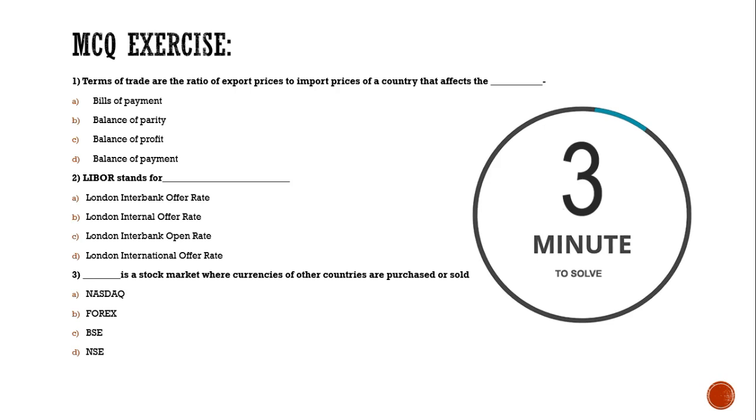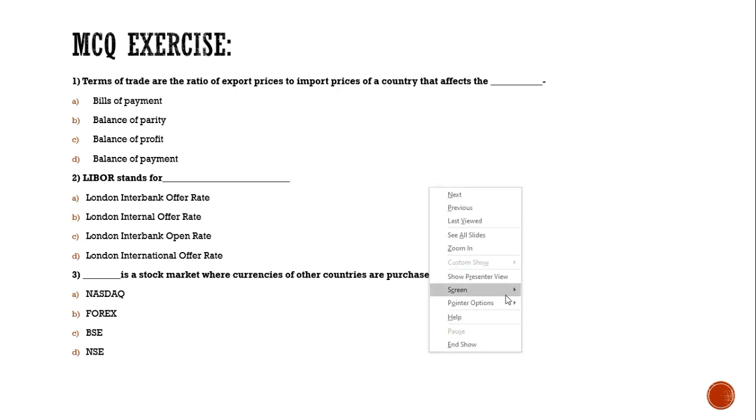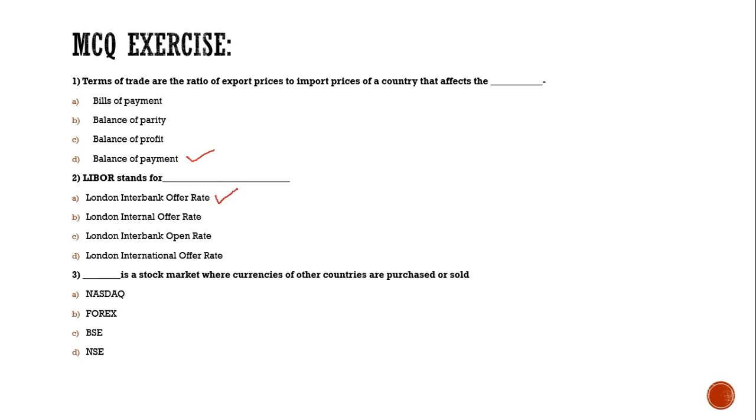Okay, let us discuss the correct answer for the first three MCQs. The terms of trade are the ratios of export prices to import prices of a country that affects the balance of payment. Second, LIBOR stands for London Interbank Offer Rate.